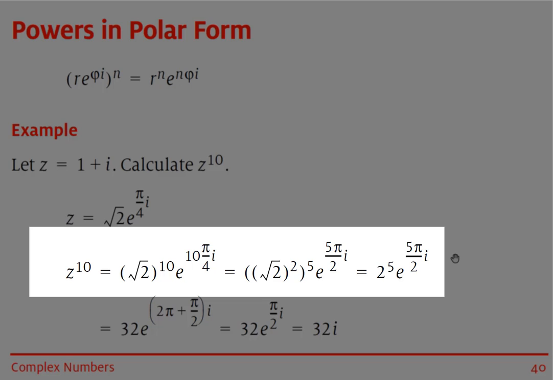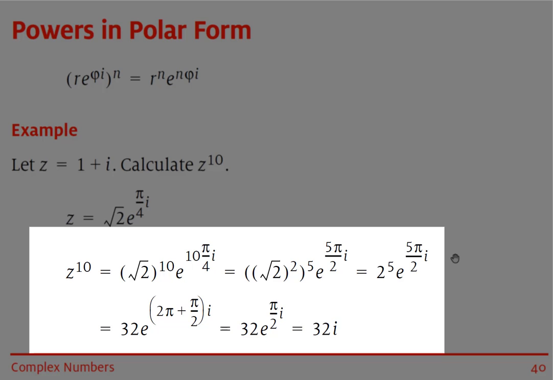Square root of 2 squared is 2, so we have 2 to the power of 5 times e to the power of 5 pi half i. 2 to the power of 5 is 32, and 5 pi half is greater than 2 pi. It's 2 pi plus pi half, so the whole number is 32 e to the power of pi half i, and pi half is the angle 90 degrees, so this is just 32 i.